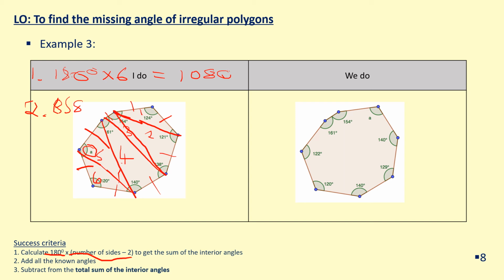Alrighty. Now, step 3, I need to subtract that from the 1080. That's easy enough for me to just say. 1080 subtract 858 equals 222. So our missing angle would be 222.